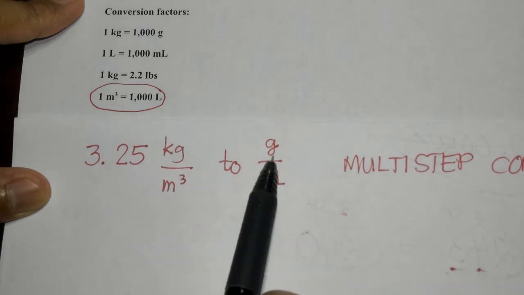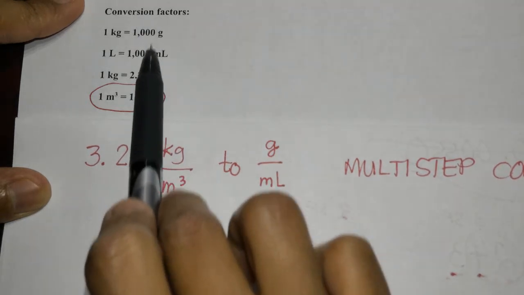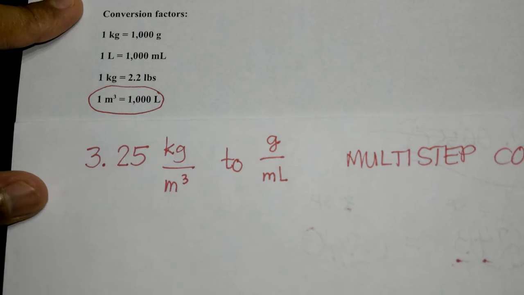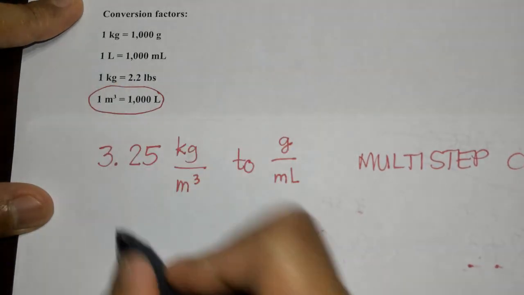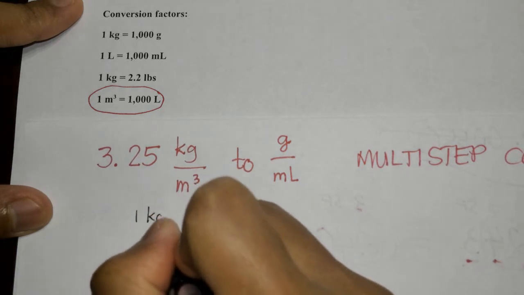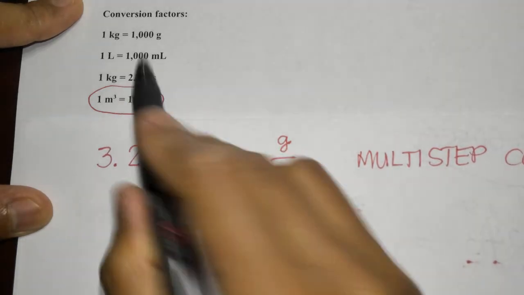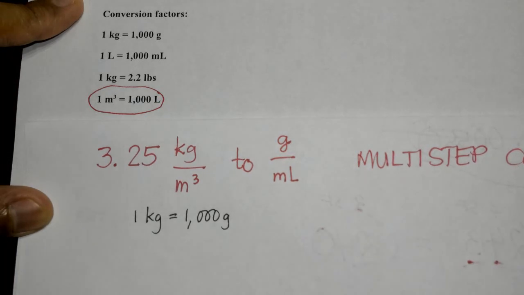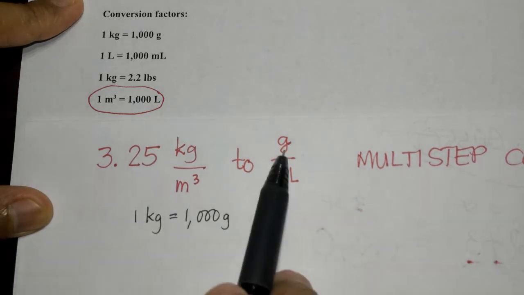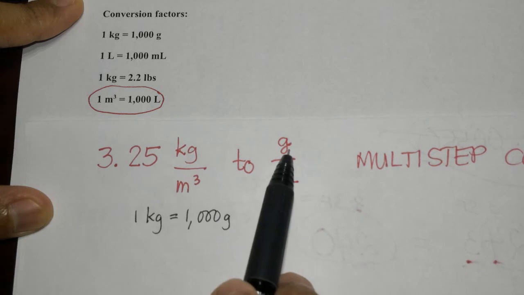So kilogram to gram. I need a conversion factor that's kilogram to gram. Which of the following should I use? The first one, correct? So I'm going to use 1 kilogram is to 1,000 gram. Correct? So that's the first one I'm going to use for this to be solved.